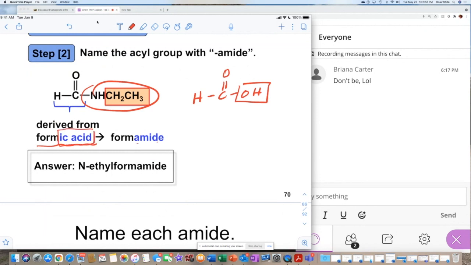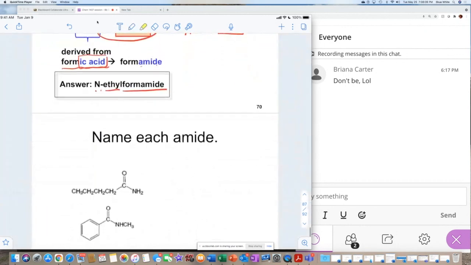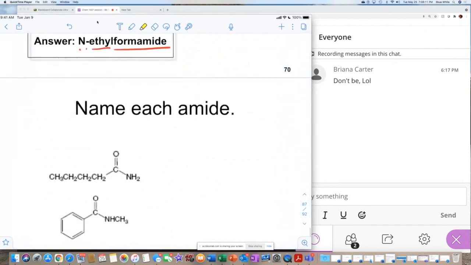The overall name becomes N-ethyl, that's the side group, formamide. This part is not the easiest part. I'm a little rusty even in the nomenclature. I'm going to stick with the technical names versus the more casual names. Formamide is a casual name.